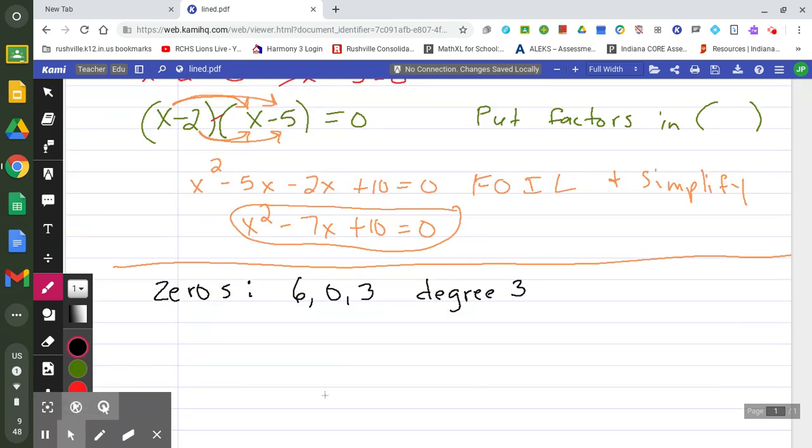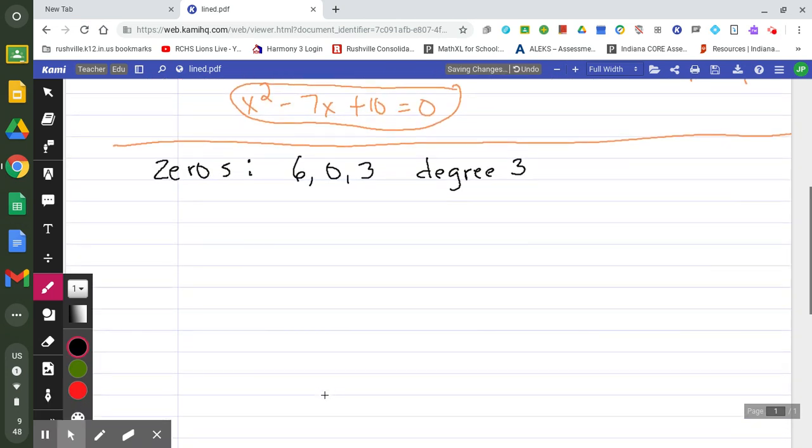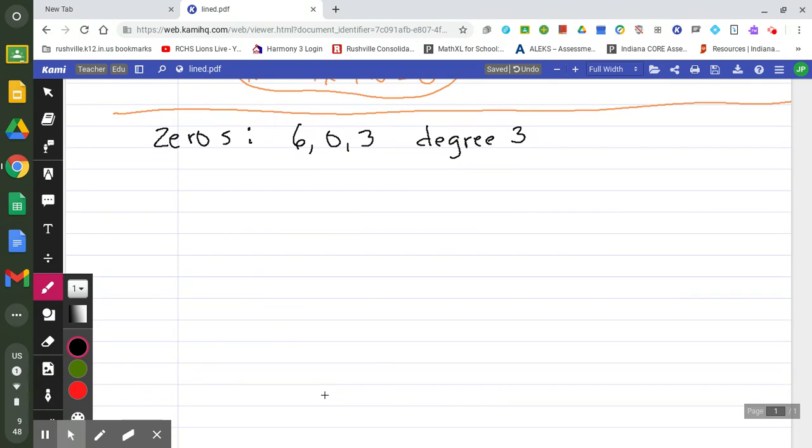For another example, you will be given zeros, and you will be told what degree you need to finish with. So for this one, our first step is going to be taking those zeros and writing them as x equals 6, x equals 0, x equals 3.